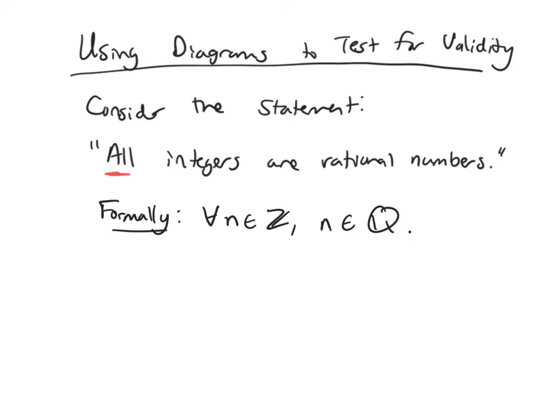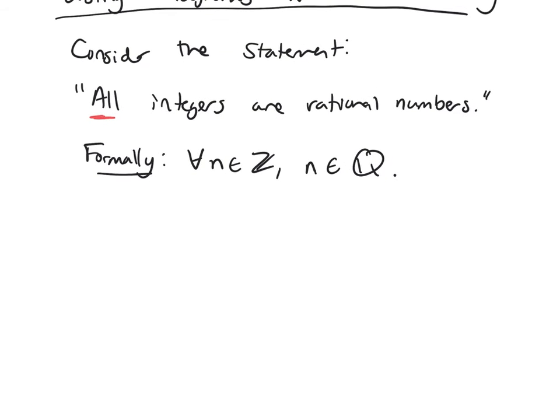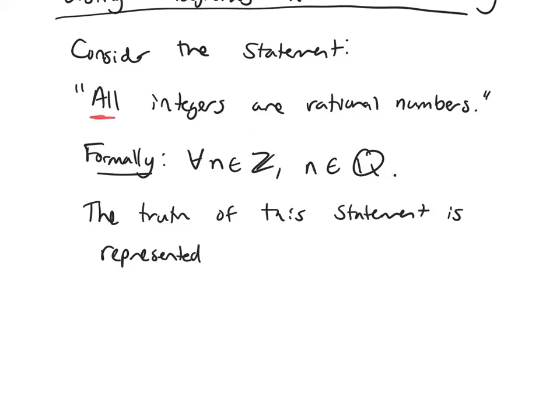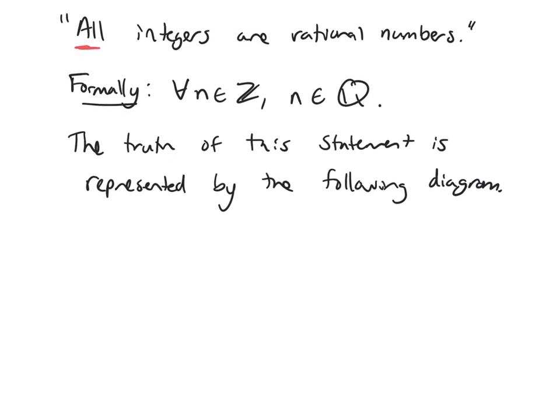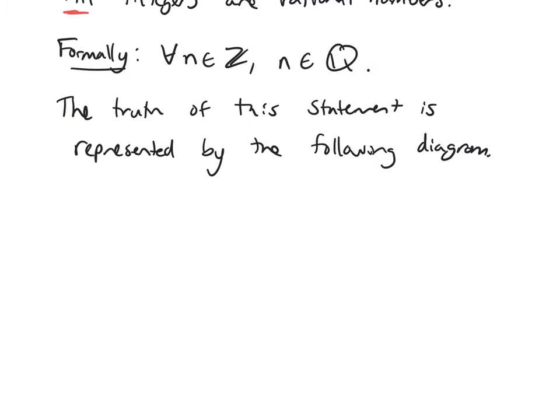And so what we can do is we can represent this statement with a diagram. So I'll say the truth of this statement is represented by the following diagram. So we're going to use a circle that represents the set of integers.